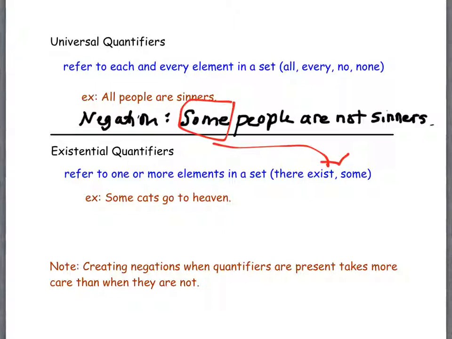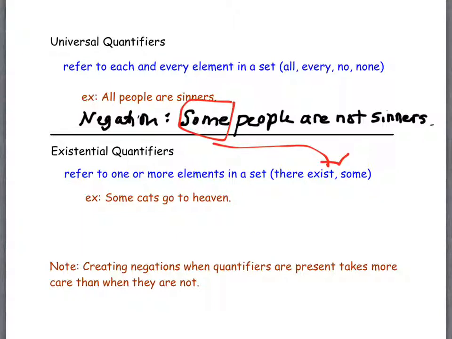So I've got two options, and one of them's right and one's wrong. I can change this into all cats go to heaven, or no cats go to heaven. Which one is it? It's no cats go to heaven. Because if I change it into all cats go to heaven, did I negate what I already had? No. In fact, I just made the statement stronger, right?